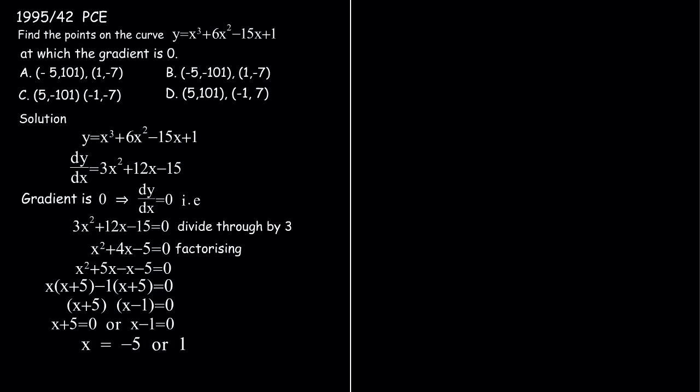That is, x will be equal to minus 5 or 1. Now using x values to find y, when x equals 1, y will be equal to 1 cubed plus 6(1 squared) minus 15(1) plus 1, which is equal to minus 7. And the coordinates at that point will be (1, minus 7).